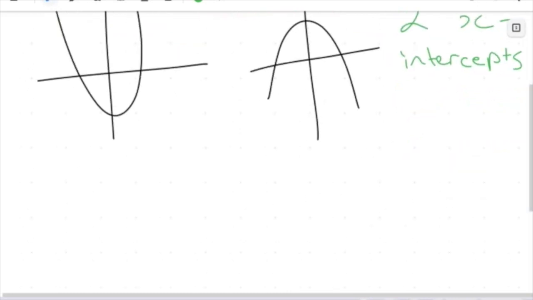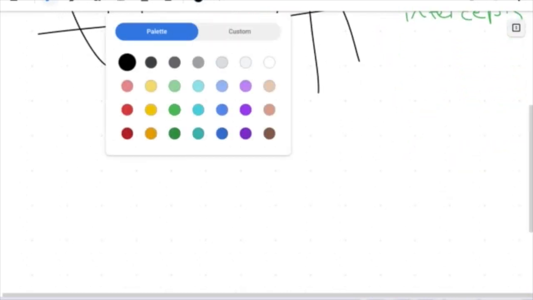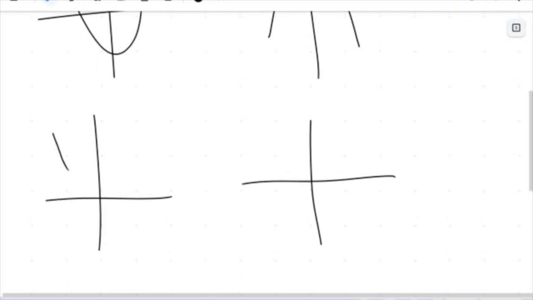We also noticed there were a couple that looked like this. Particularly when we were starting with horizontal translations, we had some that looked like this. That's a bad looking parabola. Like this, or like this.